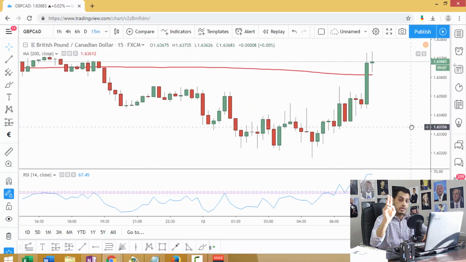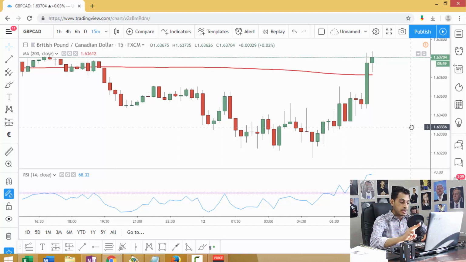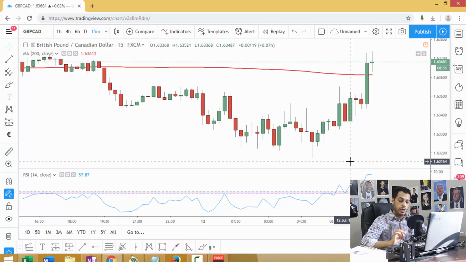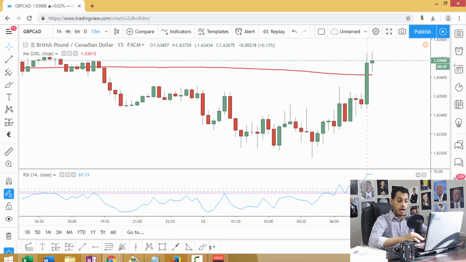So the second rule of this trading strategy, or trading system, because it actually is a trading system: if we want to short the market, we can only do that if the RSI is equal to 51 or above it.